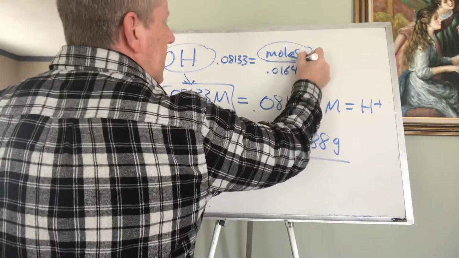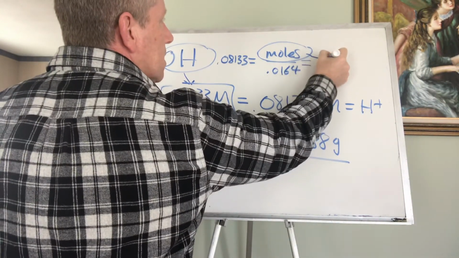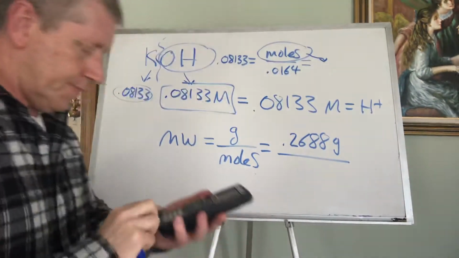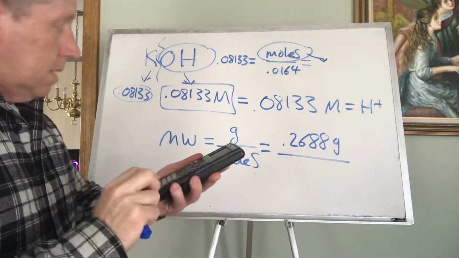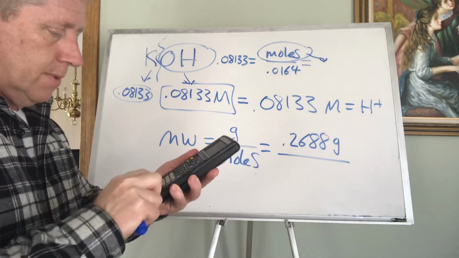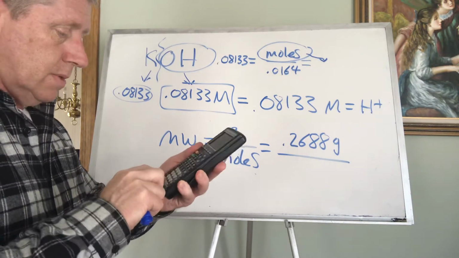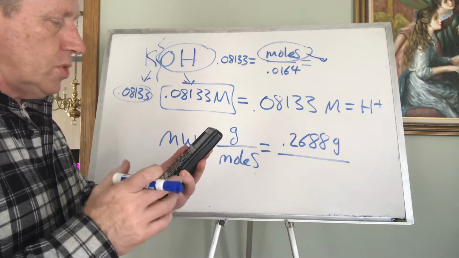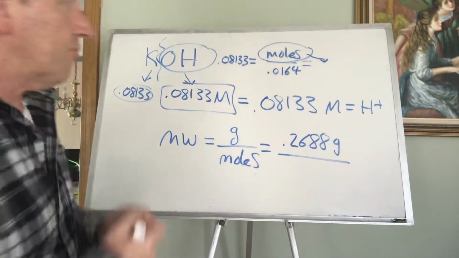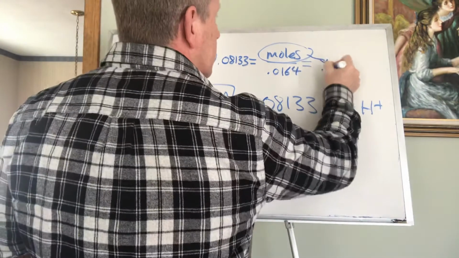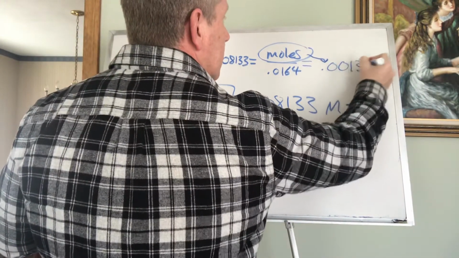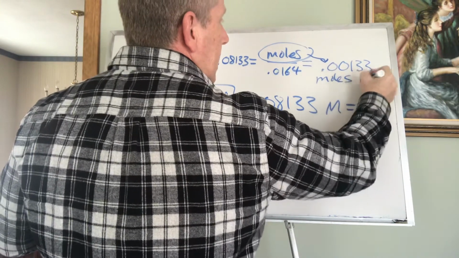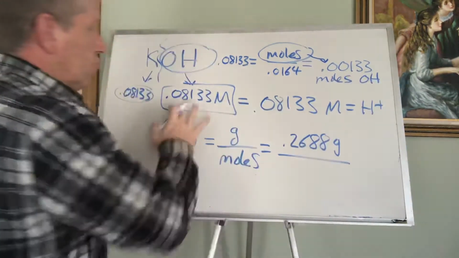So multiply this out. Go ahead and multiply that out, and you get your moles equaling, okay, let's see, 0.08133 times 0.0164, 0.00133 moles of hydroxide got neutralized.